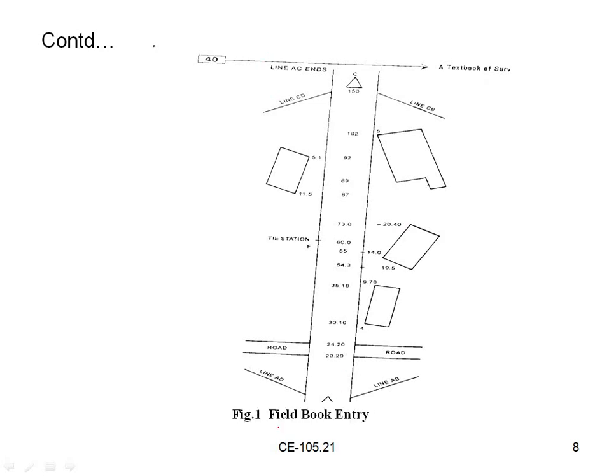You can see this is the field book entry. Here you can see a textbook of survey. This is a road, and these are the lines, and these are the buildings which are located. This is a line which is located here.